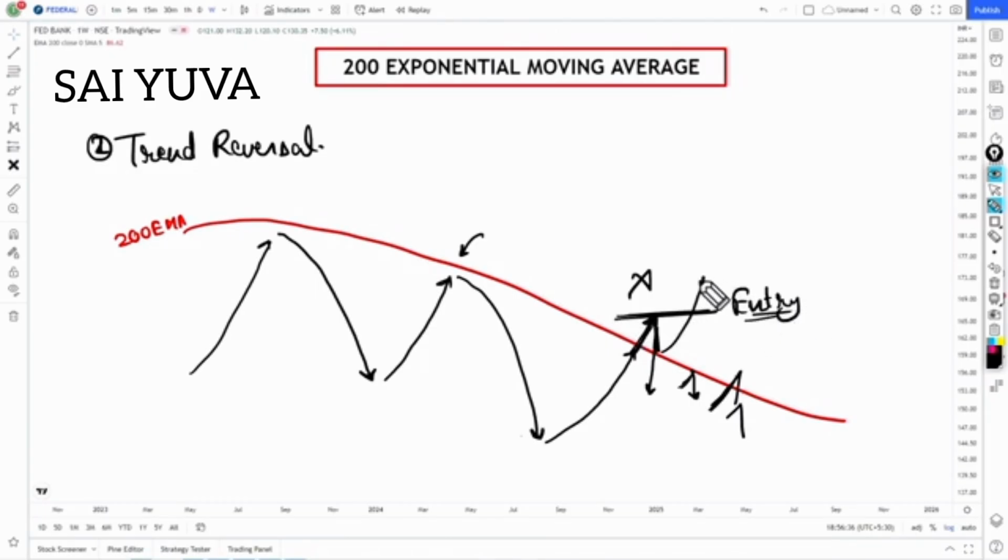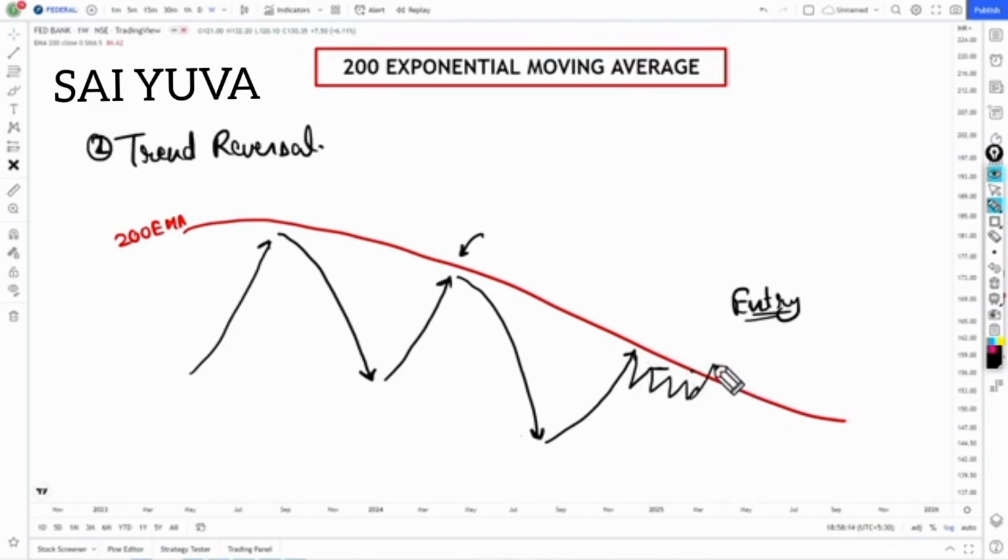It can bounce on the dot, it can go up and come down, or it can reverse before the moving average. So what you have to do for this is wait for the retest. If the price goes up again and touches the moving average or comes around it, and crosses this level, which was the recent high, this is your entry position. Where should your stop loss be? Obviously, it should be below the moving average.